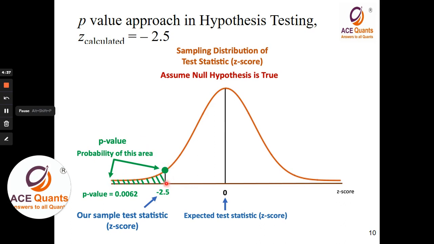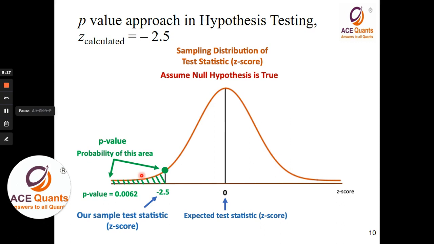I go to the Z table, find the area corresponding to Z is equal to minus 2.5, and if at all this area is given from the center line, as in most cases, subtract the value from 0.5. But however, if your table gives you the area from minus 2.5 to the minus infinity part, then that is going to be your p-value. So the p-value then gets compared with your alpha, and once again on the basis of how it compares with alpha, you are going to decide whether to reject or to not reject the null hypothesis.